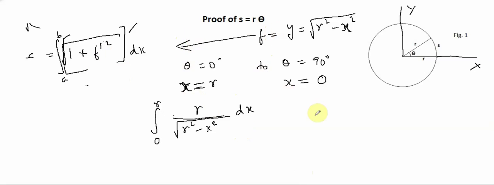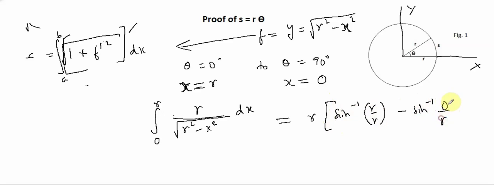Again you can use the form that I just mentioned, and after working out the math, you will find that this integration equals r in the bracket, sine inverse r by r minus sine inverse 0 divided by r, and this value turns out to be r pi by 2.